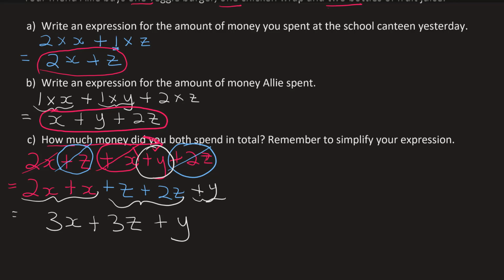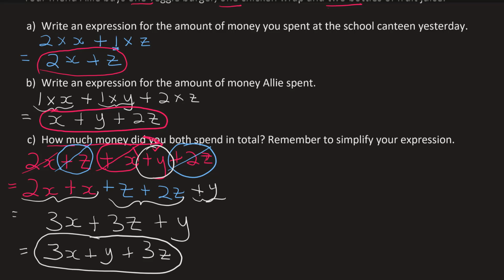Now, because our convention is always to write in alphabetical order, I'm just going to rewrite this to follow that convention, so that I would write 3x plus y plus 3z. And this is my final answer. This is the expression for the amount of money that was spent in total.